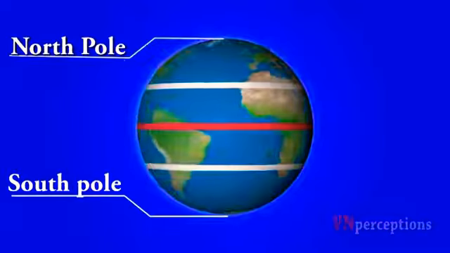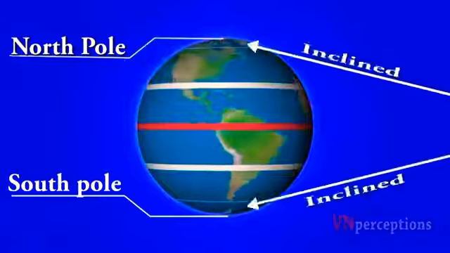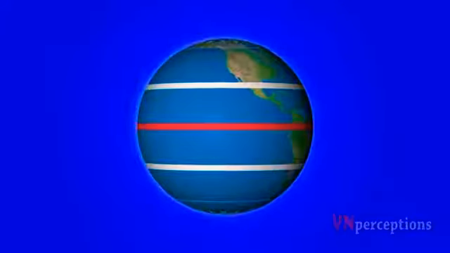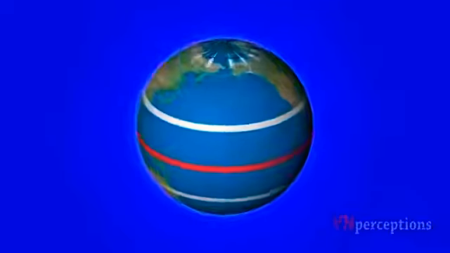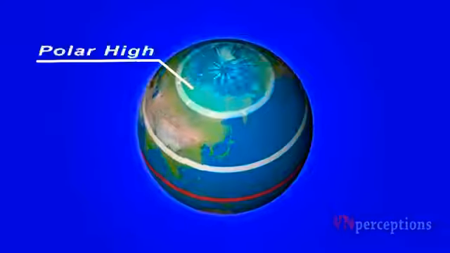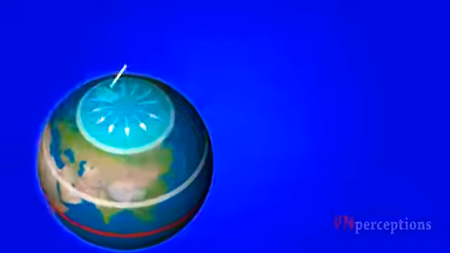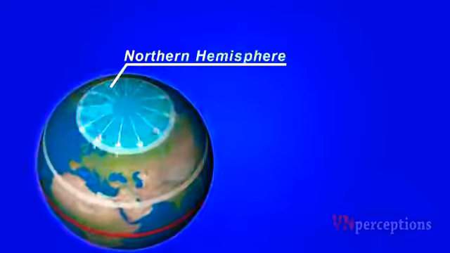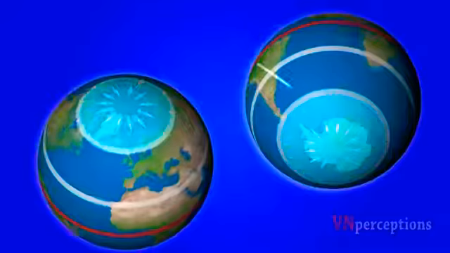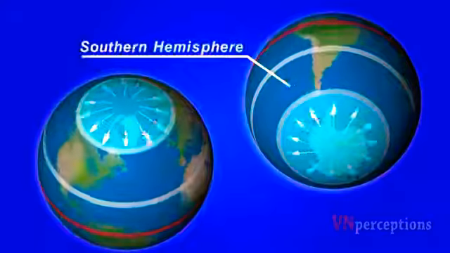At the poles, the sun rays are very much inclined. So, we have cold air that sinks. These regions are known as polar highs. In the northern hemisphere, the air moves towards the south, and in the southern hemisphere, the air moves towards the north.